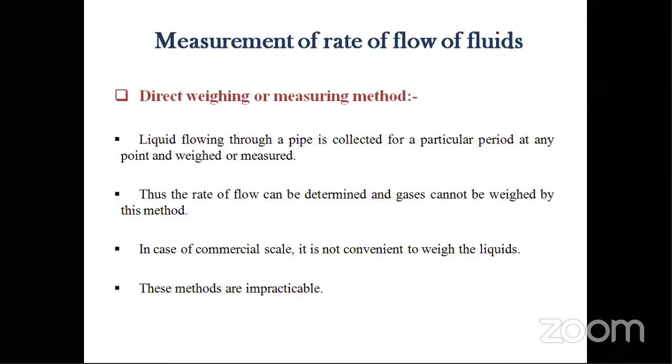Impracticable means that when a liquid flows through a pipe and a weighing machine is connected to the pipe, what happens? Water or gas, both are fluid, meaning both are always flowable. At no time do they stop.